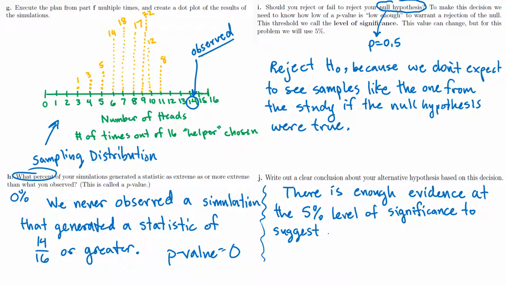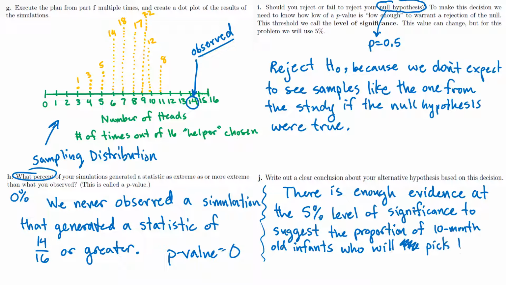And remember, the alternative was that the proportion of 10-month-old infants who will pick the helper is more than half.